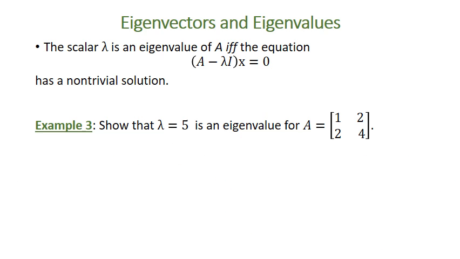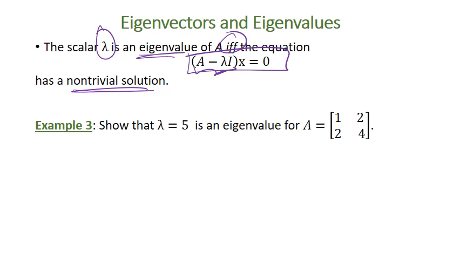Okay, well, now we're going to take this a little bit further. The scalar lambda is an eigenvalue of A if and only if the equation, this here, has a non-trivial solution. Okay, so these are things that we've seen before. This is just a fancy matrix, so if AX equals 0 has a non-trivial solution, right?